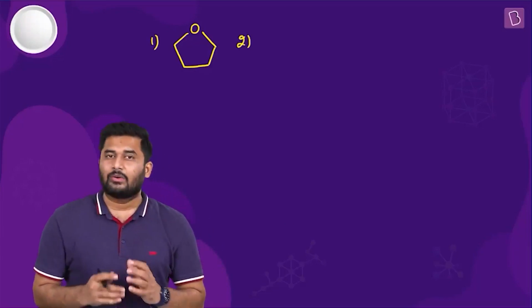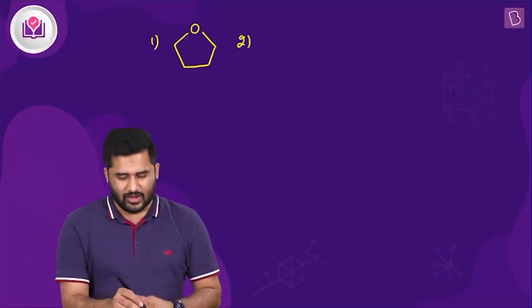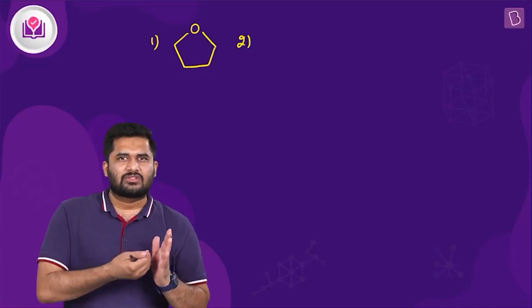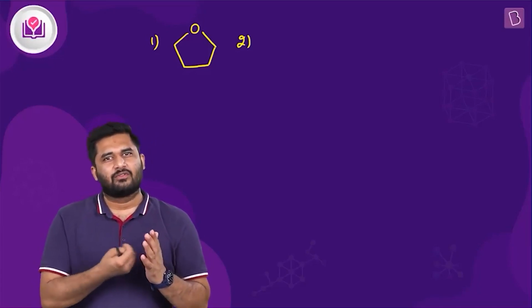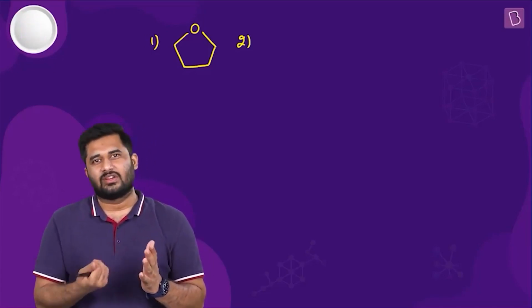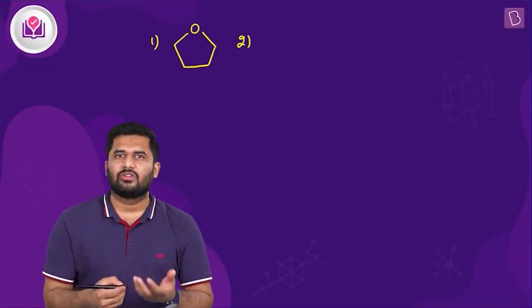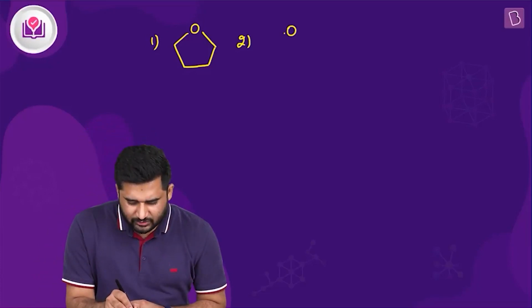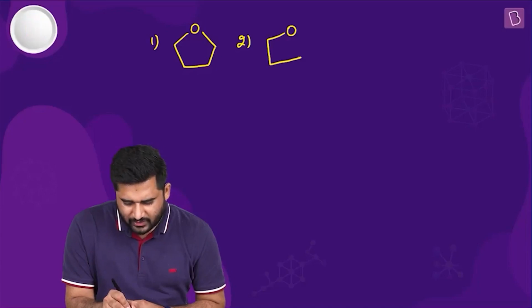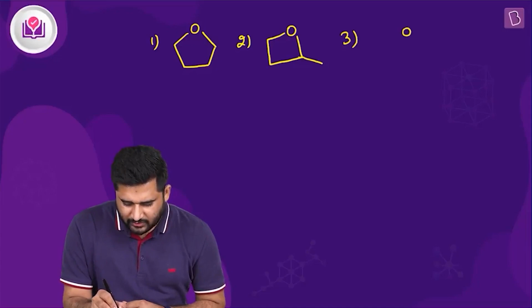The second one, now what you have to do is, since you have created a 5-membered ether with this, wherein 4 atoms are carbon and 1 is oxygen, now you have to start shrinking the ring from 5 to 4, then from 4 to 3. All right, so let's now move on to the 4-membered ring. So you can see in the 4-membered ring what we have is this molecule. The third one could be this one.